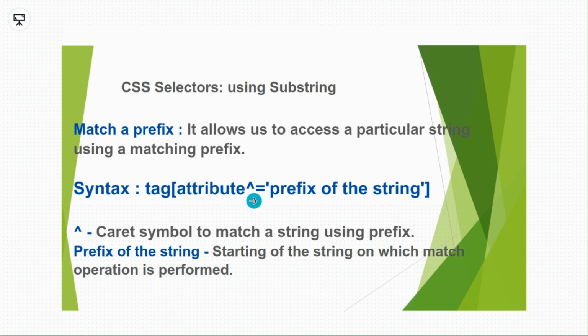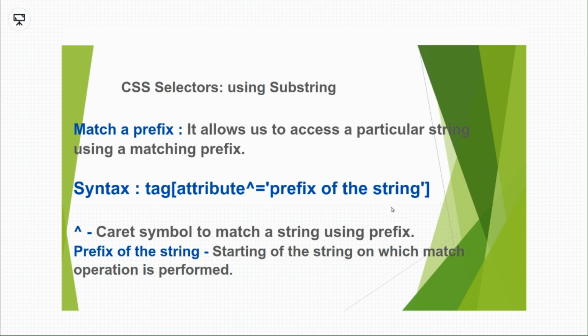This caret symbol is used to match a string using prefix. So as soon as you enter this symbol after the attribute, the system will understand that it has to match a prefix, and this is the prefix of the string. And what is the prefix? Prefix is the starting of the string on which the match operation is being performed.